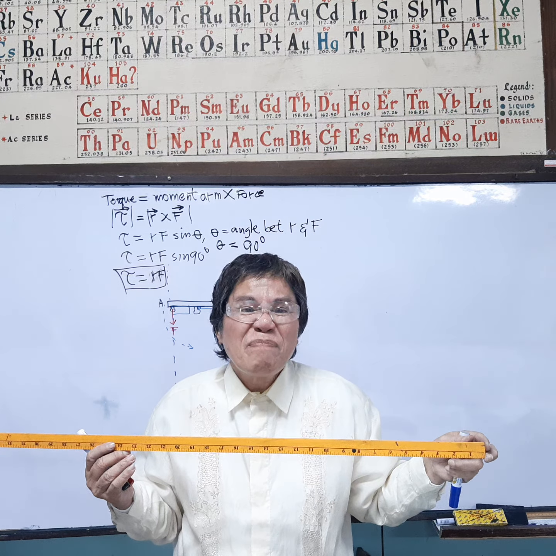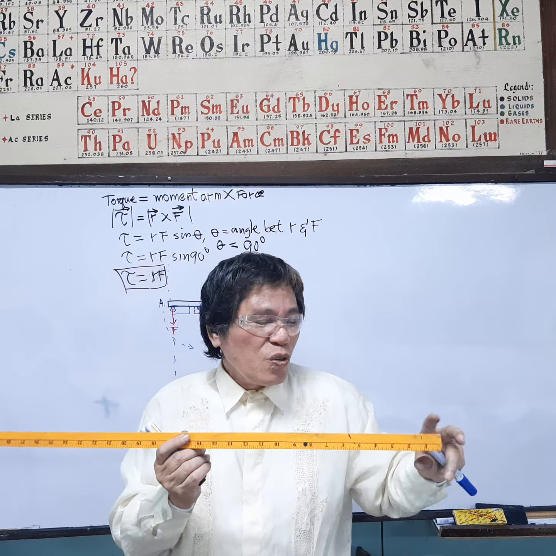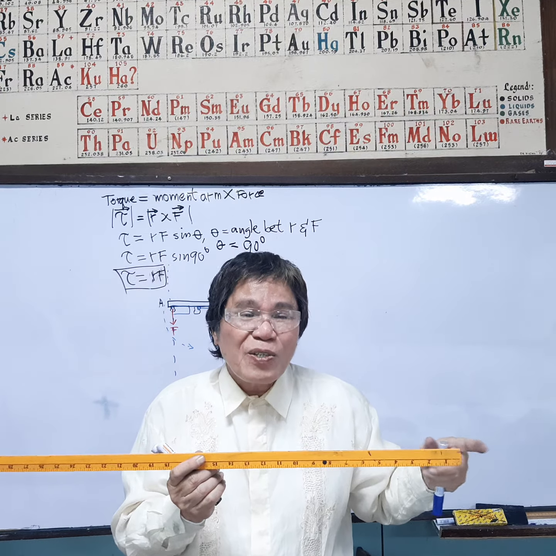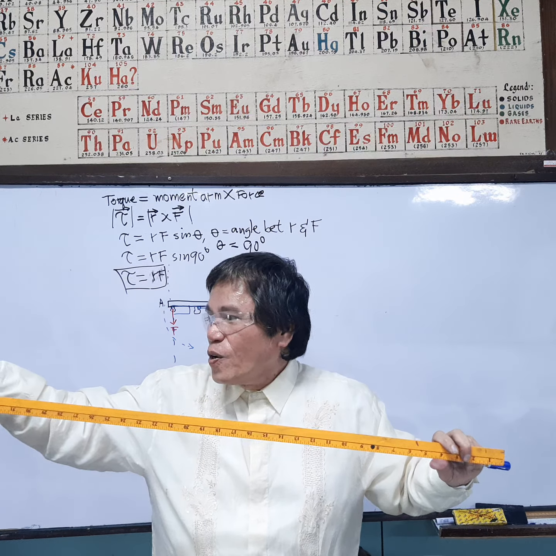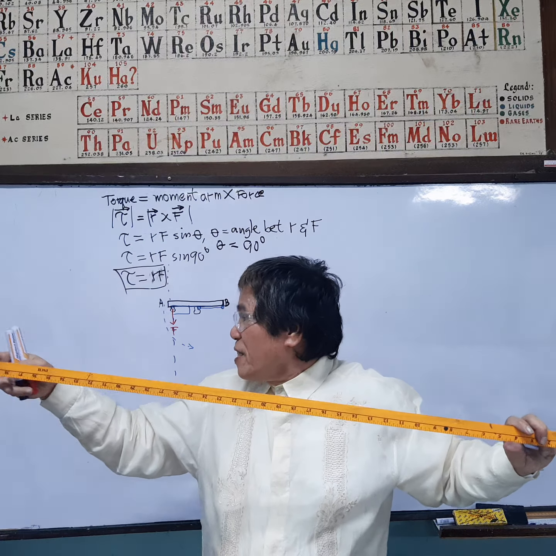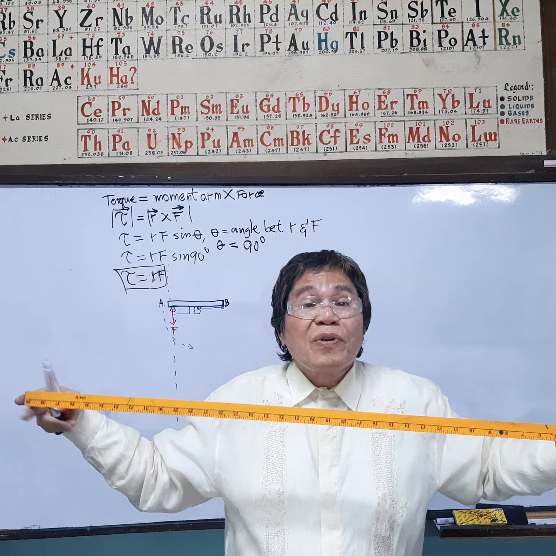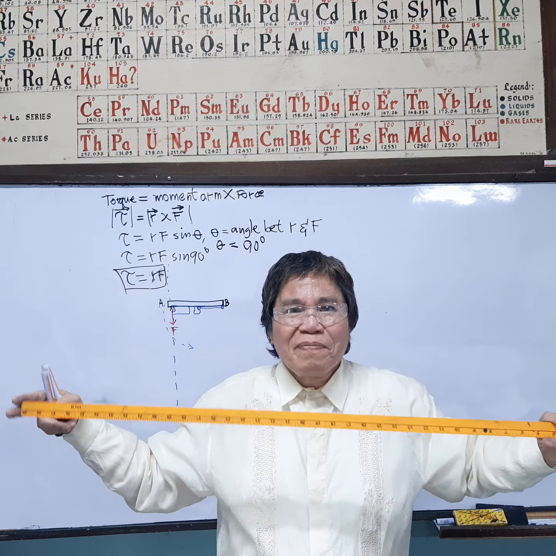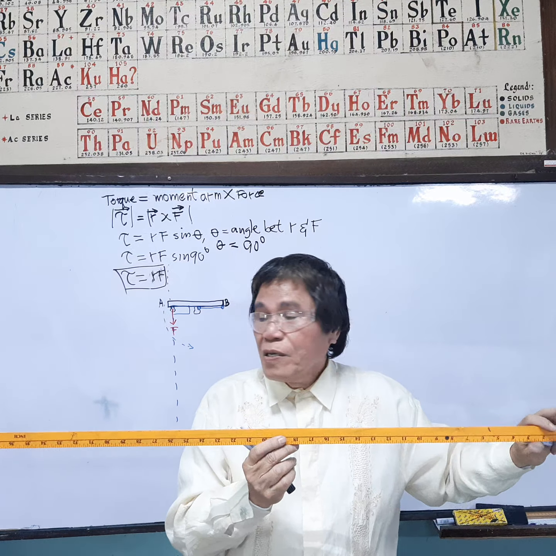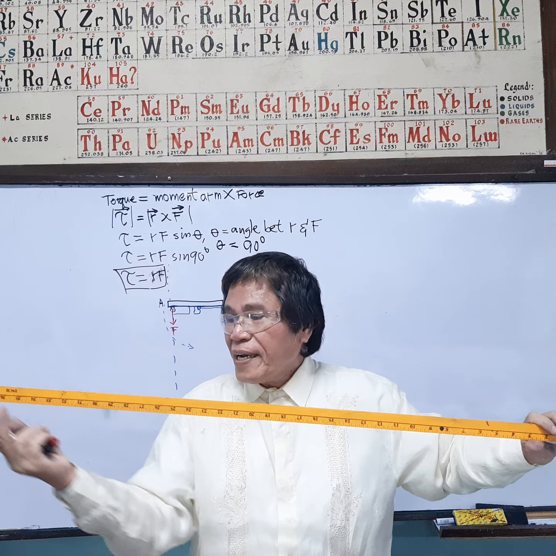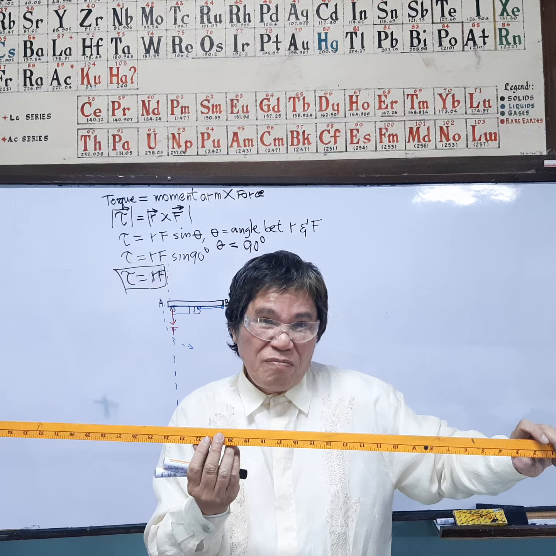But end A is free to move. So this is what we call the axis of rotation. This end will move around the axis of rotation. Okay. So, doorknob here. We transfer here. Apply the same force.